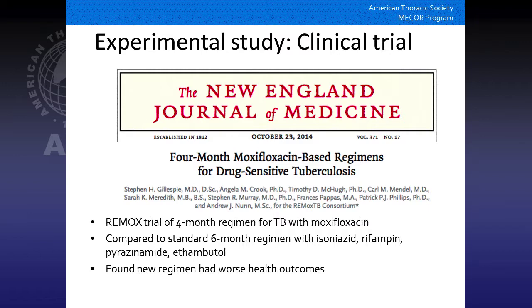And again, this is in the New England Journal of Medicine, and what it showed was that the new moxifloxacin regimen was found not to be as good as the standard regimen. So that was obviously probably not the result that the authors were hoping for, but it's important nevertheless, and it accordingly was published here in the New England Journal of Medicine.